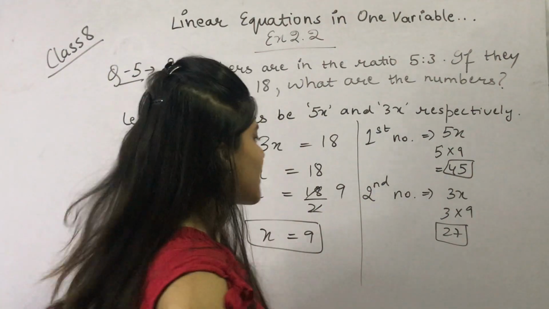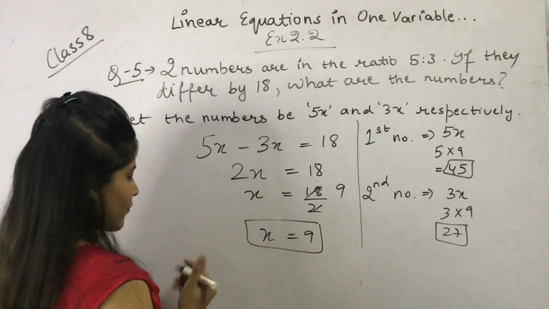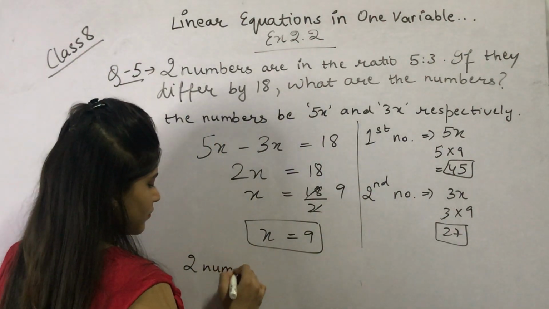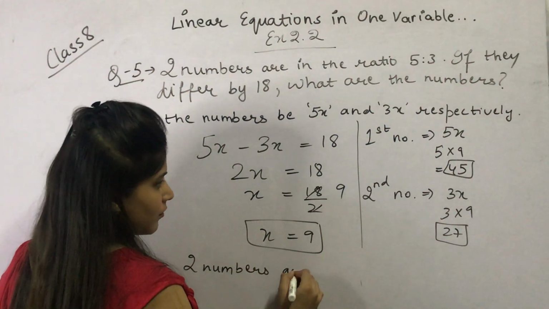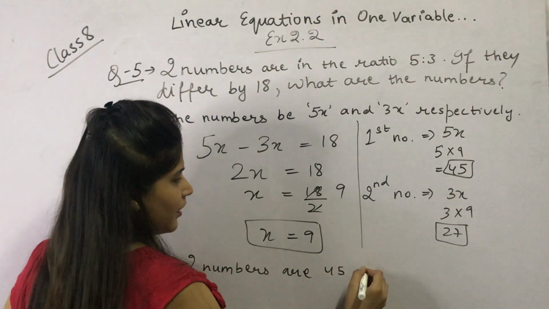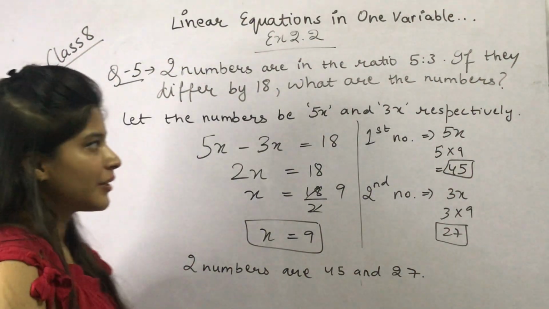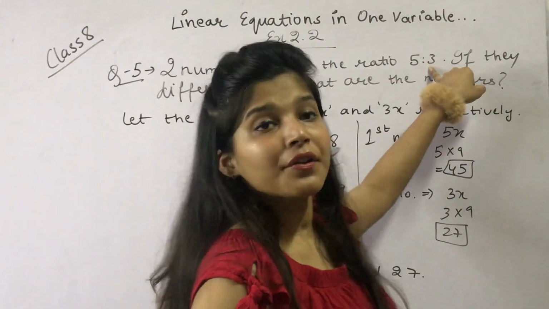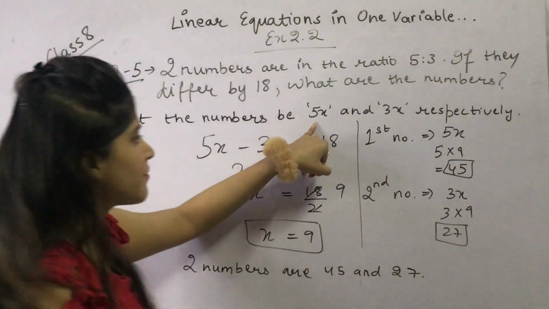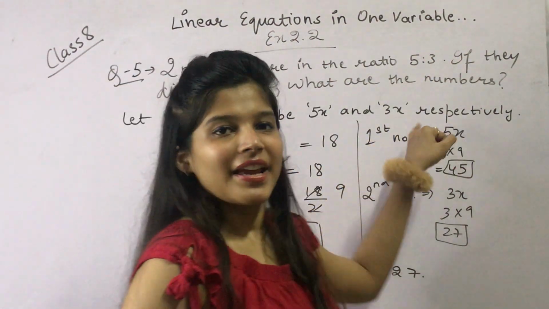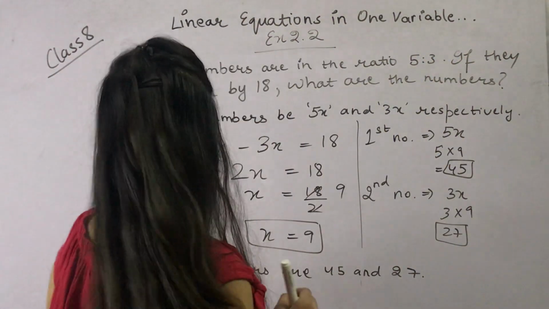So the two numbers are 45 and 27. So how did we calculate the two numbers which were given in a ratio? By taking the numbers as 5x and 3x. Alright, so this was our question number 5.